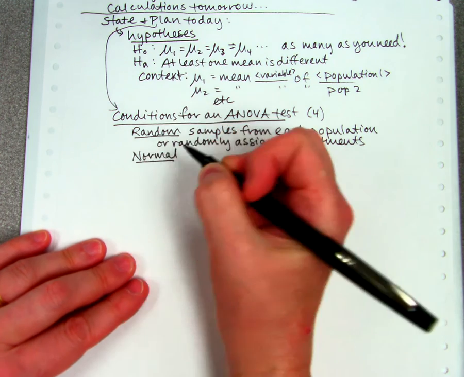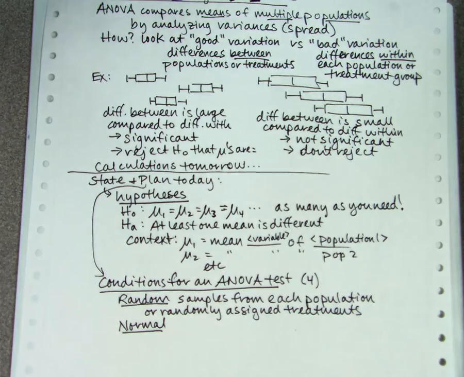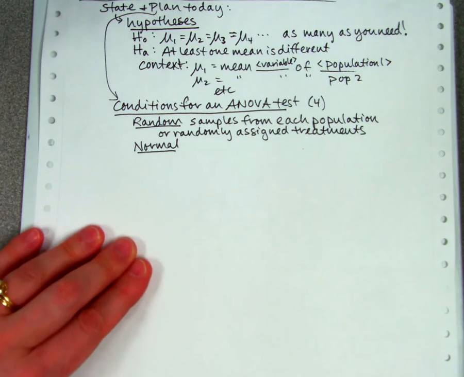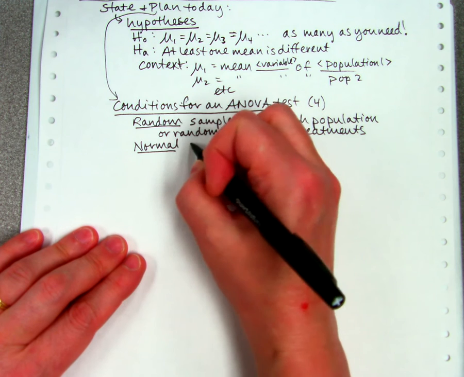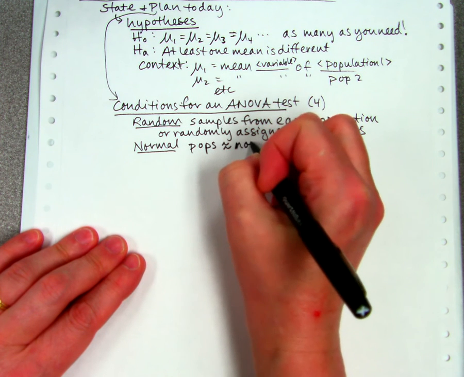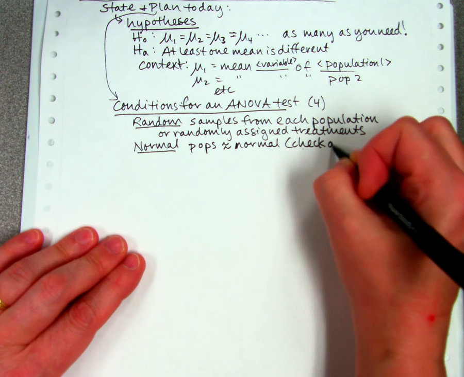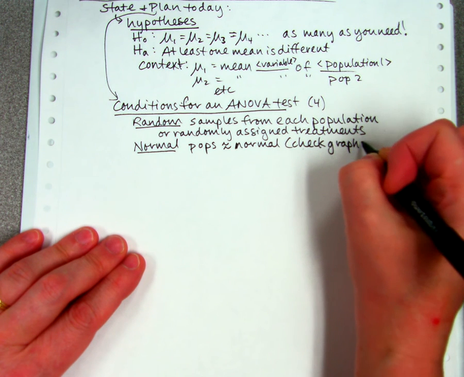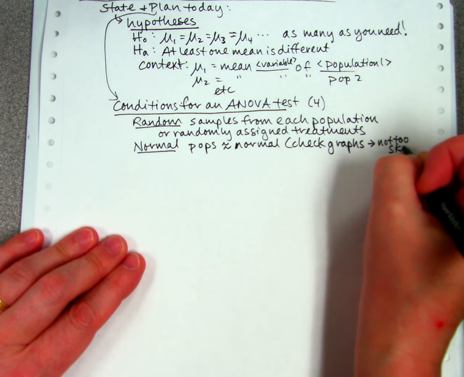When you're looking at box plots, it's hard to tell if they're normal. You're just looking for, are they not skewed? Or maybe you're looking at dot plots or histograms or something like that. You're just checking to see if they look not skewed. So either the populations are normal, approximately, and you would tell by checking the graphs, like we've done before, not too skewed.